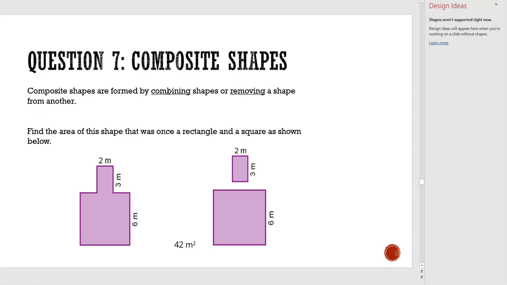In this case we can see the rectangle and the square are being put together, but sometimes I might be able to cut out a part of my shape and create a composite shape. So we'll have a look at an example later. So find the area of the shape that was once a rectangle and a square as shown below. So have a go first.